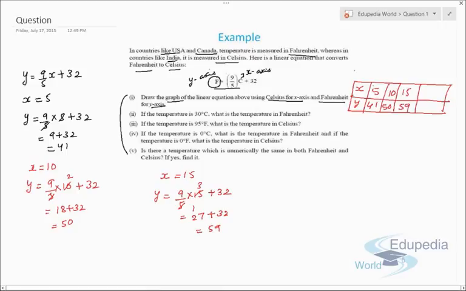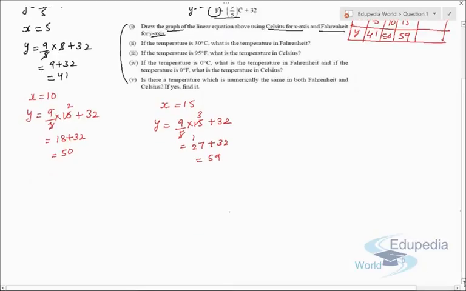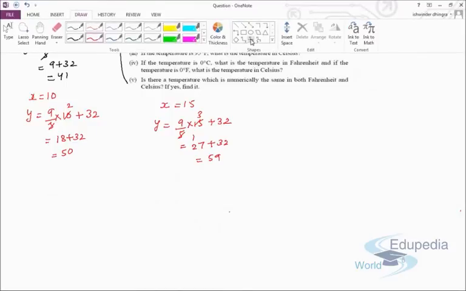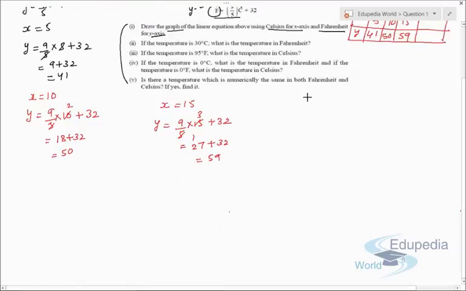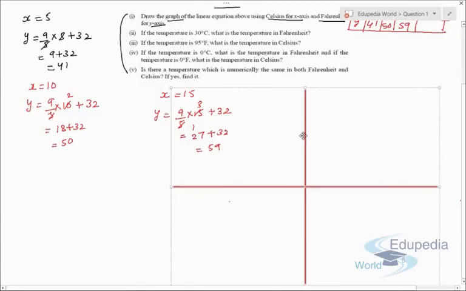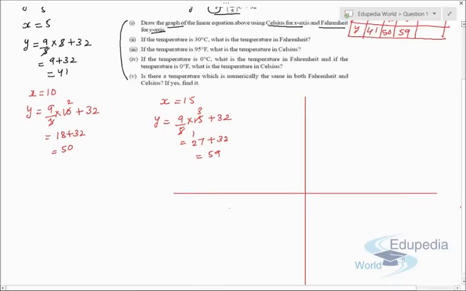Now we have to draw a graph. So to draw a graph we need to plot the values. So we'll take a graph. Now again we have a box value.